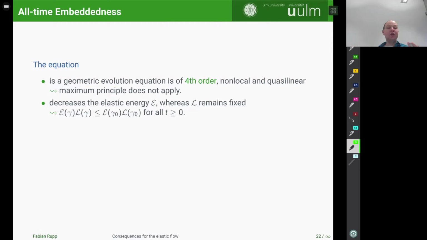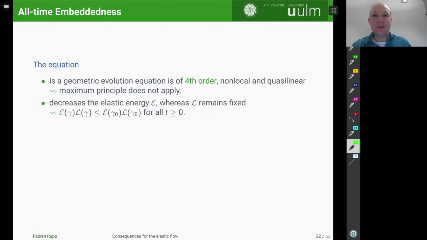And this is what we would usually use if we want to speak about conservation of embeddedness. Well, luckily, we can prove that embeddedness is preserved even for this fourth order flow by our threshold for embeddedness.